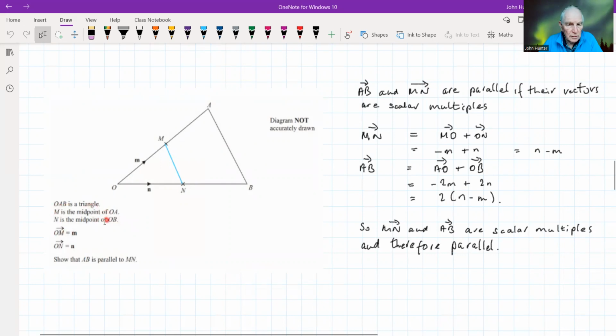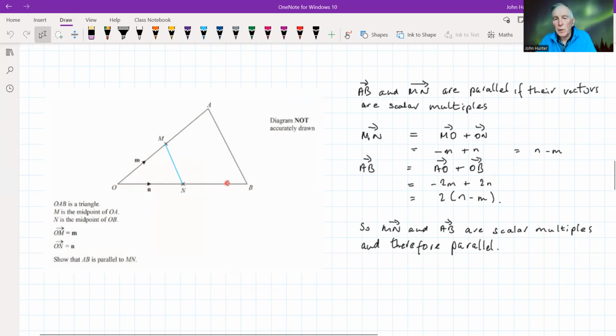OAB is a triangle. M is the midpoint of OA. That's there. And N is the midpoint of OB. Vector OM, or the vector value of OM, is m, and of ON is n. Show that AB is parallel to MN.